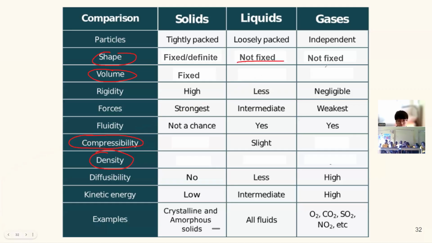So the shape is not fixed. The liquid can take any shape of the container. But the volume itself is fixed. So this is important. There is no fixed shape to a liquid, but for volume, there is a fixed amount of volume of a liquid.